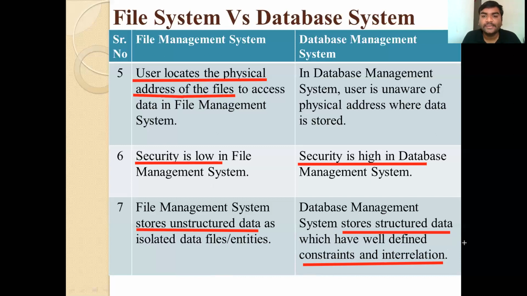Because in a database you can use tables. In that table you are able to store your data in a structured format, and that structured data has constraints and interrelations with each other. That is the advantage of the database management system.